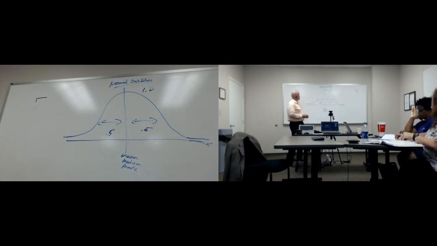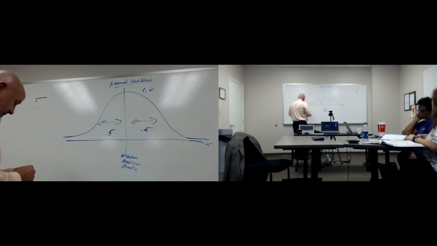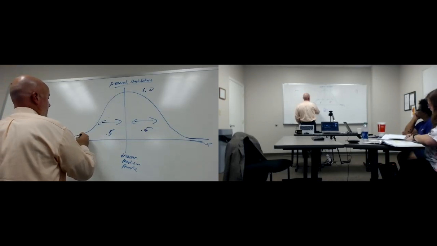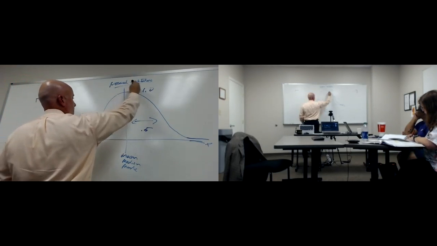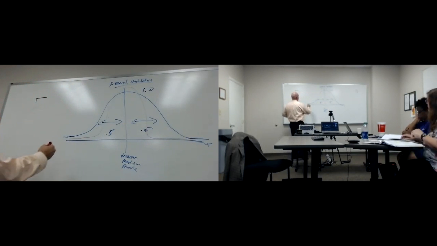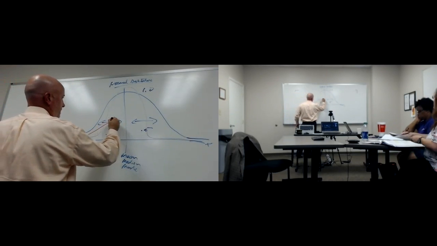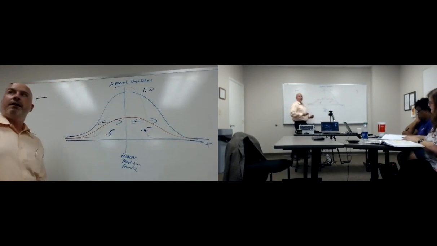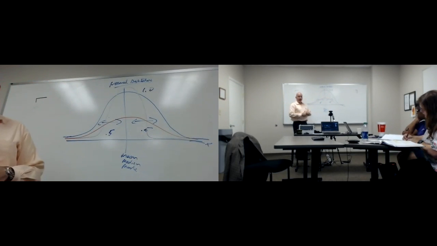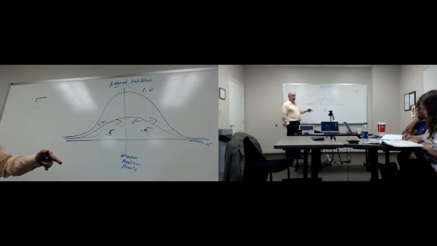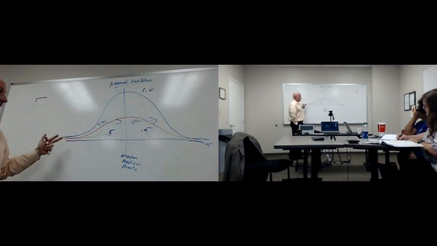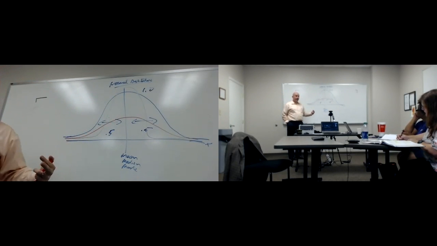Okay, now, just because it takes on this shape, it can take on a variety of different shapes. All of these are normal distributions. And what I did here was I changed the height, yes, but I still created these same rules.